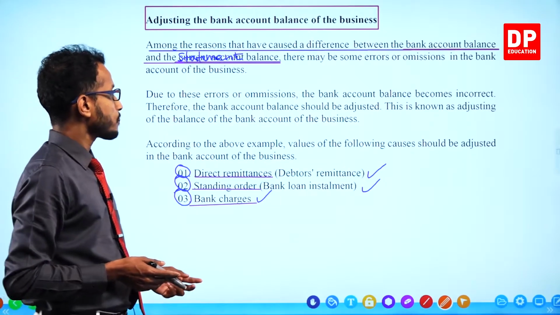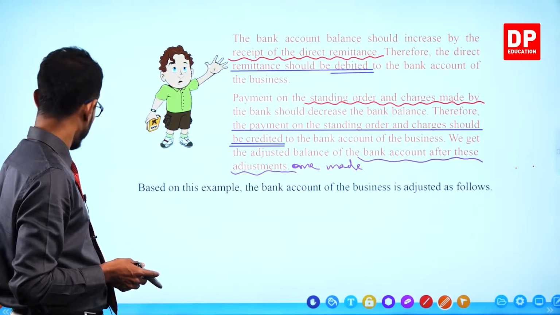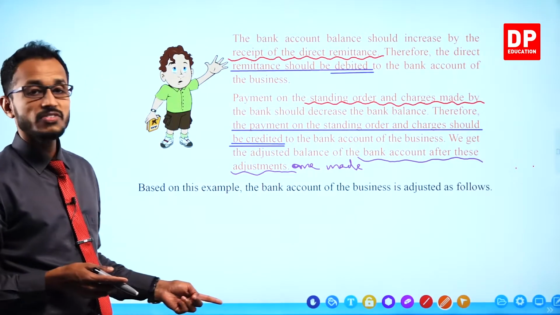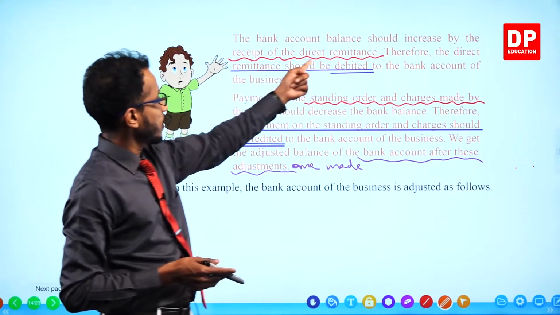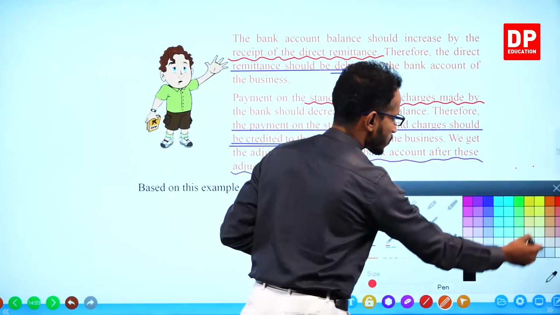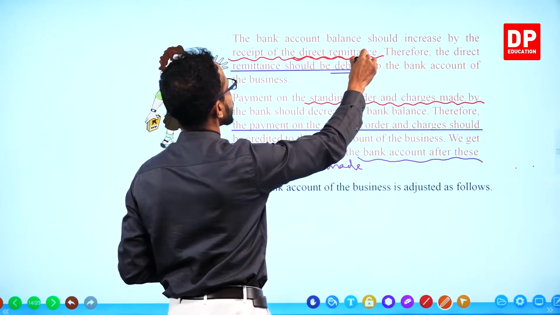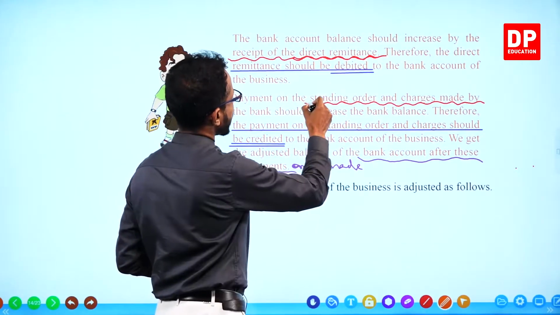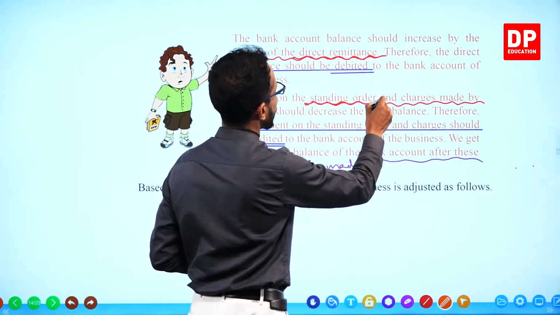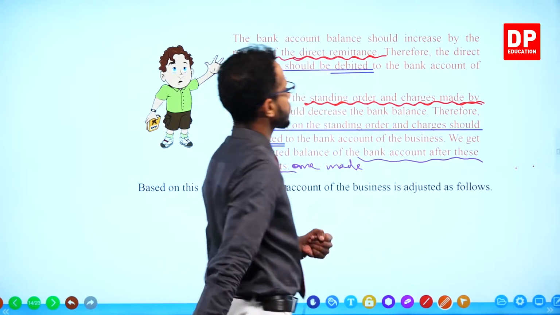Then we have these that we discussed. These things that we discussed. Direct remittances, standing orders and bank charges.